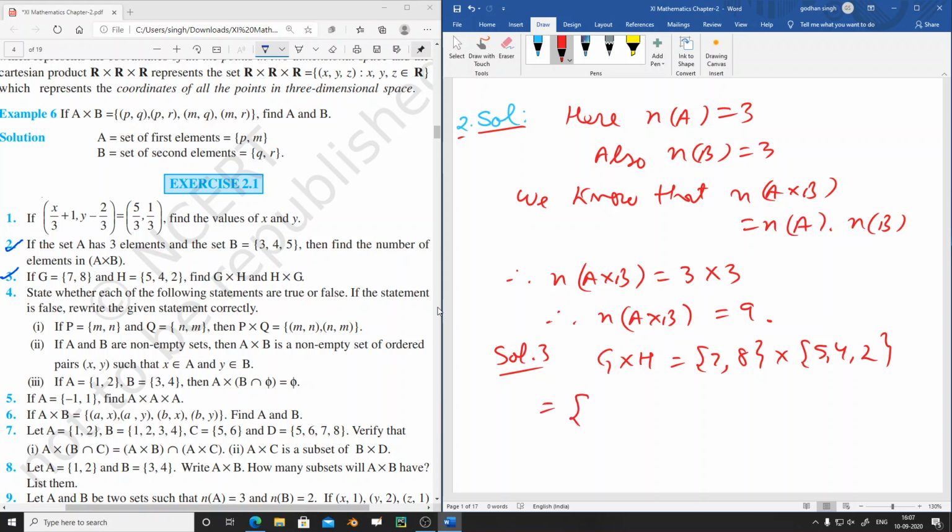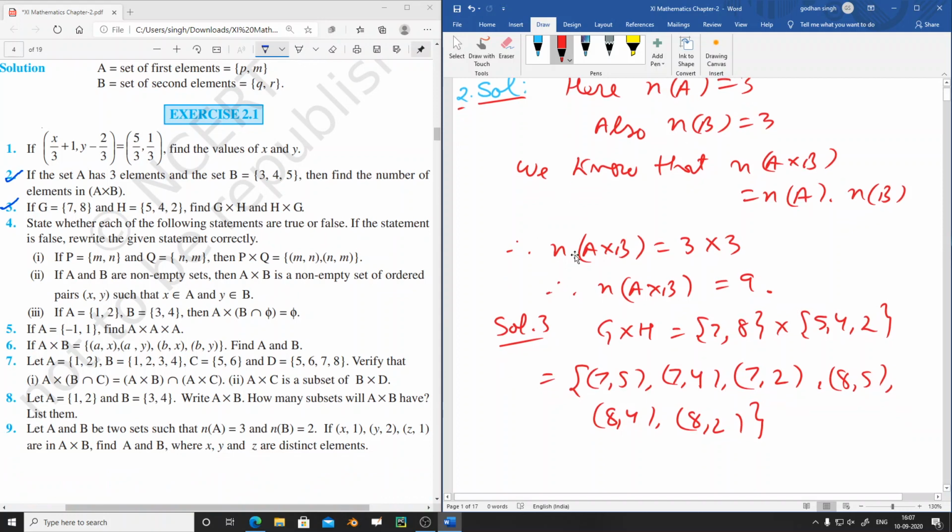So we will take one element from the set G and pair it with the elements of set H. We first take 7, so we will be getting (7, 5), this is the first ordered pair. Then the second ordered pair will be (7, 4), then (7, 2), then we will take the element 8 from set G. So we will be getting (8, 5), then (8, 4) and then (8, 2). So this will be our G cross H.